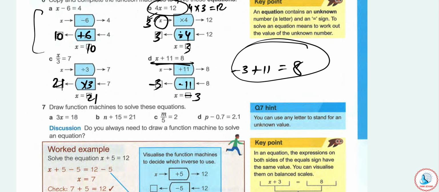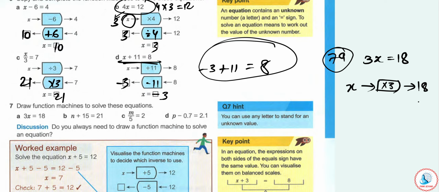Let me do question number 7a for you. So 7a says 3x is equals to 18. So what you can do, you can write x, and in the function you can write multiplied by 3 is getting 18, right?